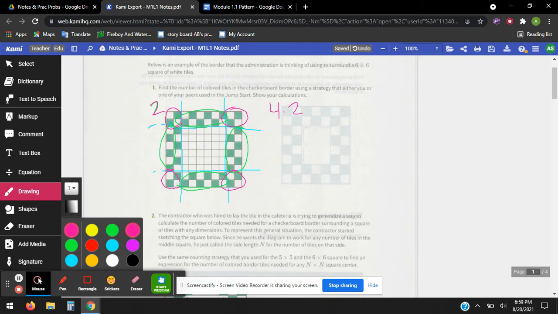And then in these guys, it's a 2 by 6, but only half of them are filled in. So those guys have 6 in them. So I have 4 sets of 6. Well, that's 24. And this one is 8. So that means my total should be 32.